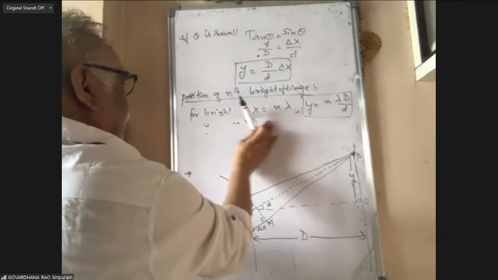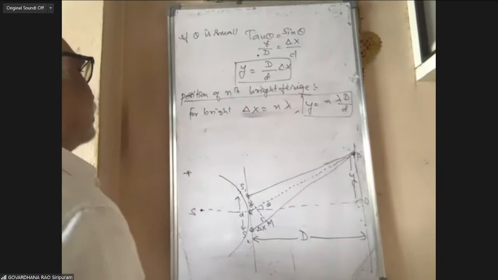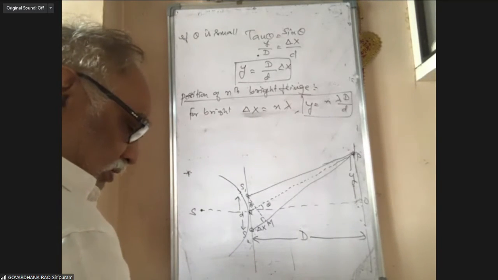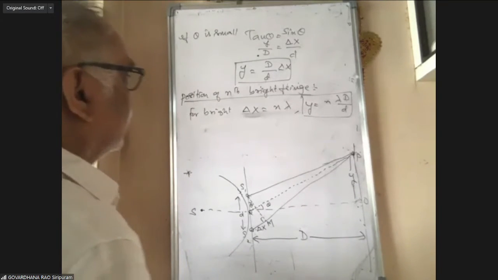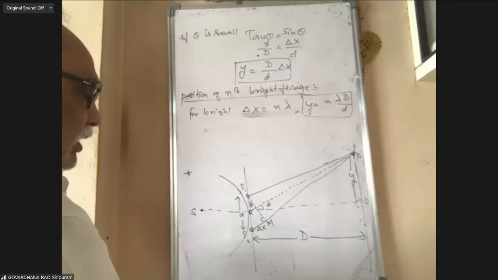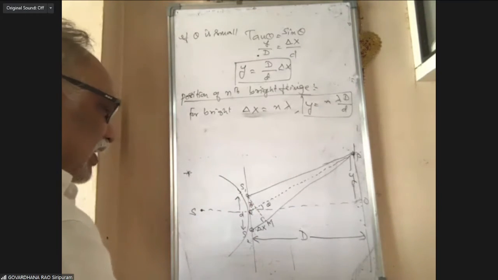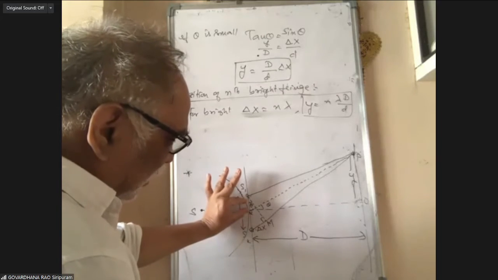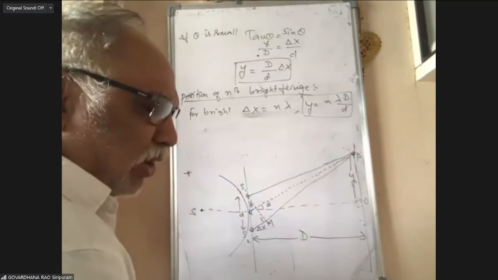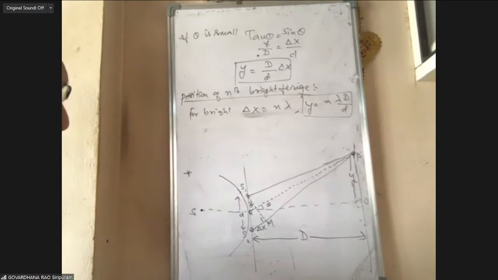Sir, this position for the nth bright fringe will only work when theta is small, no, sir, because we are taking that y and D relation. Yes, theta is very small because this gap is very close. Everything is very small, in the order of 0.1 or 0.2 degrees.